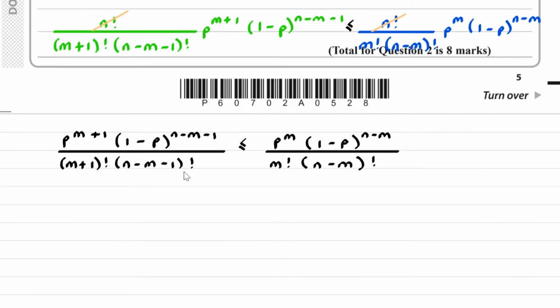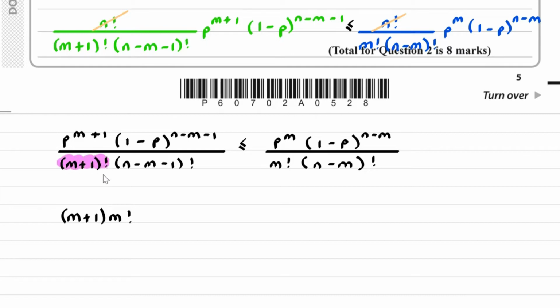Now, as before, we can rewrite some of the factorials. Here the m plus 1 factorial is the same as m plus 1 times m factorial.